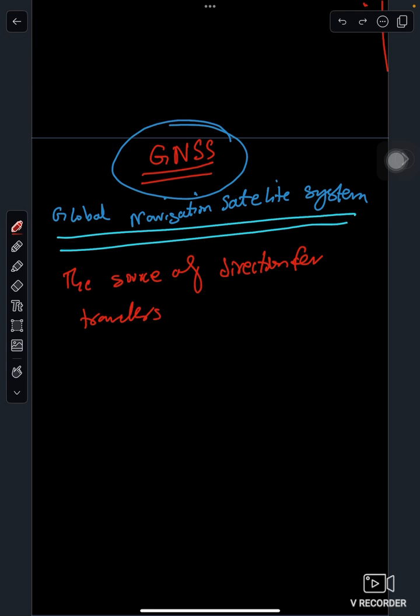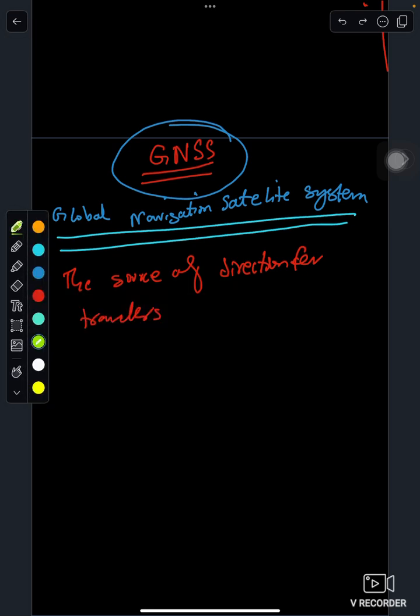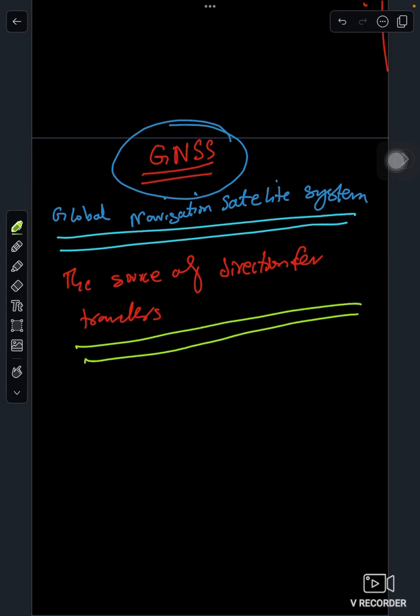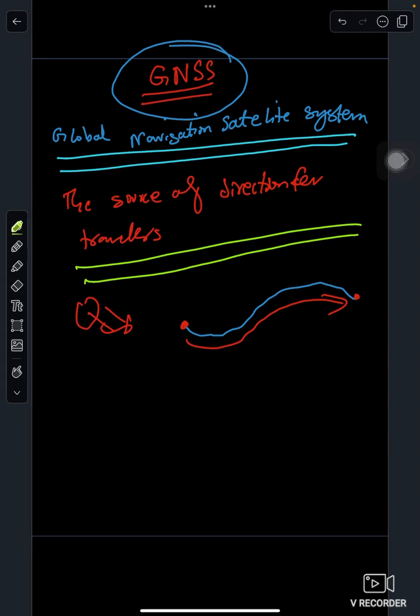It helps people know where they're going. Let's suppose they want to go from here to here, so the path they take is found using satellites, but how it works is a very interesting concept.